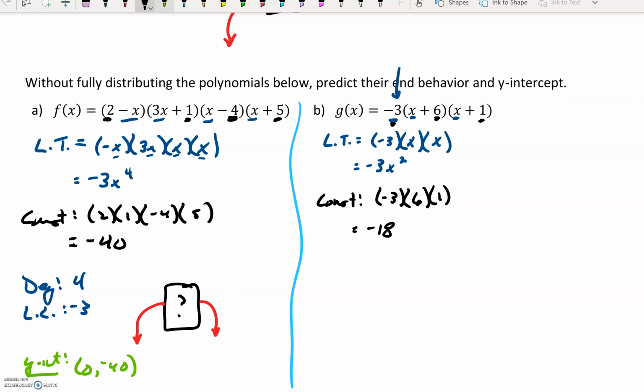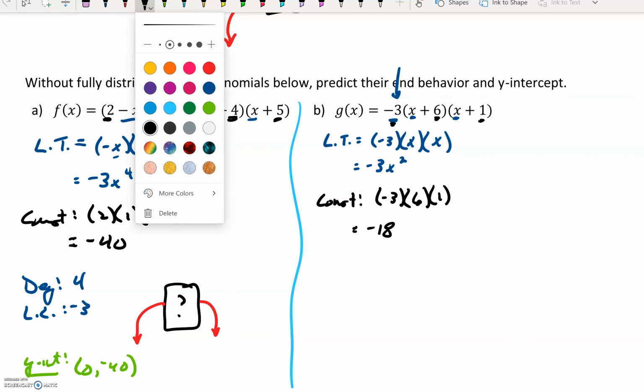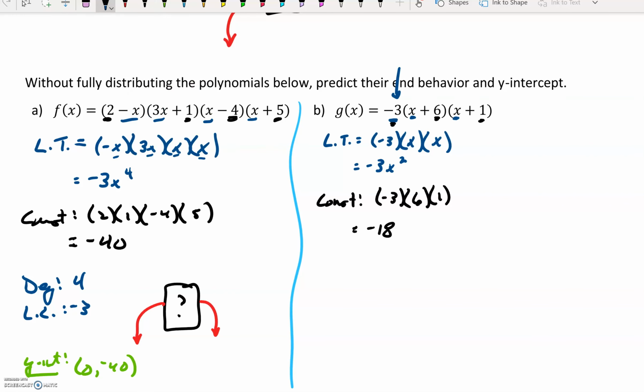Now I'm ready to find my leading coefficient and degree. So the degree here is going to be 2. My leading coefficient is negative 3. I have an even degree function with a negative leading coefficient. Same thing.